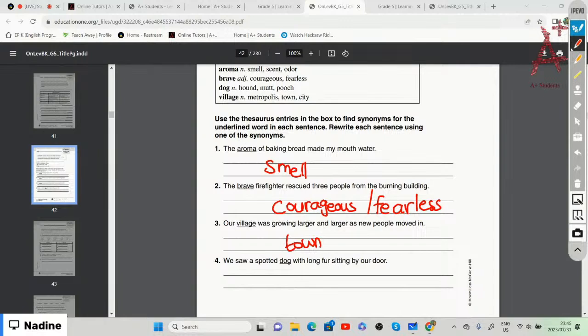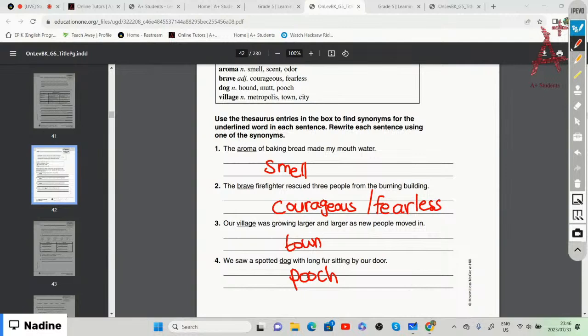We saw a spotted dog with long fur sitting by our door. You can either say a hound, a mutt, or a pooch. Let's use the word pooch. We saw a spotted pooch with long fur sitting by our door.